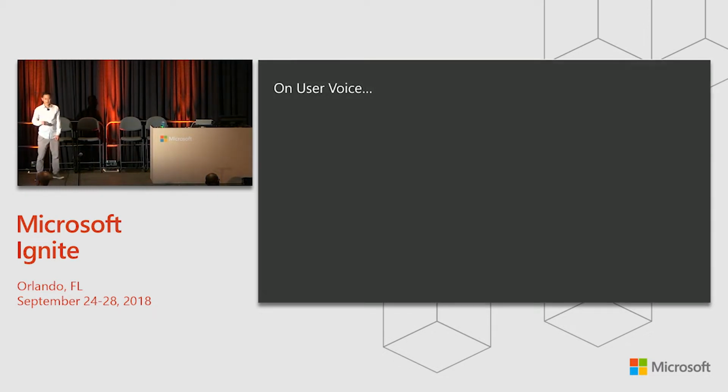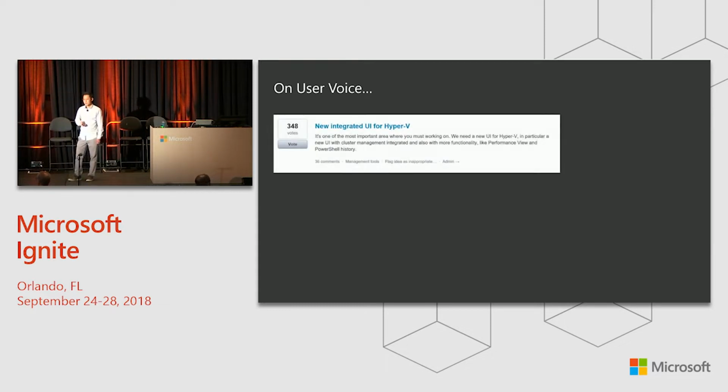The second reason we need a better Hyper-V UI is because you told us so. If you look at Hyper-V Manager feedback on User Voice, the top request is a new integrated UI for Hyper-V Manager, bringing Hyper-V Manager and Failover Cluster Manager into a single experience.